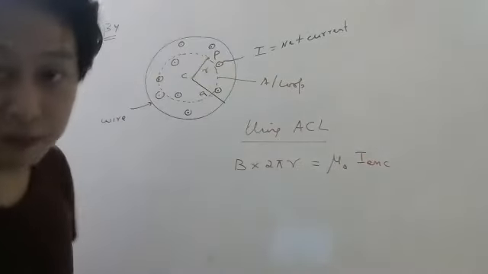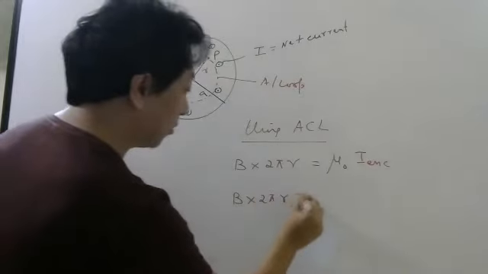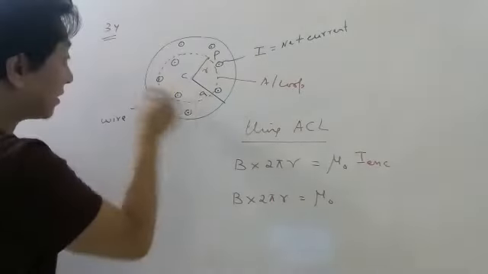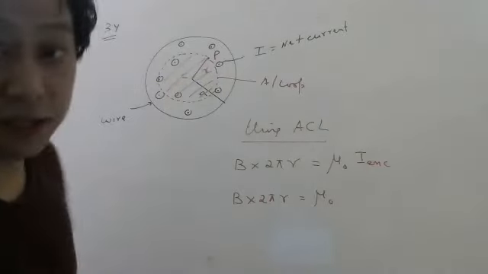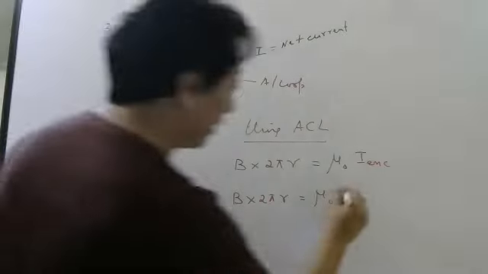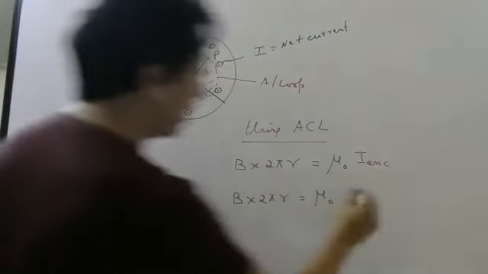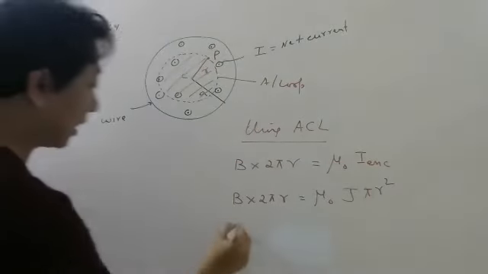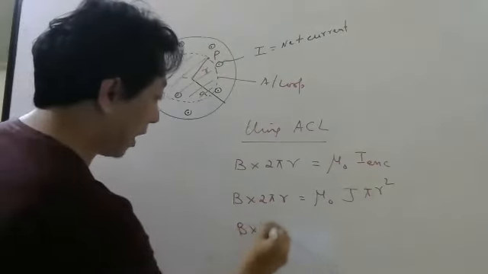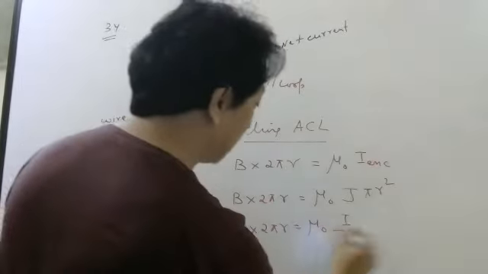According to Ampere's circuital law, B into 2 pi r equals mu naught times the current inside this loop. Only this current I have to calculate. Since J is constant, I can directly write current density into area. Area of this will be pi r squared. So B into 2 pi r equals mu naught times J, where J is total current by total area.